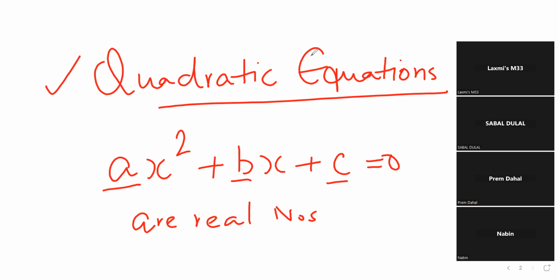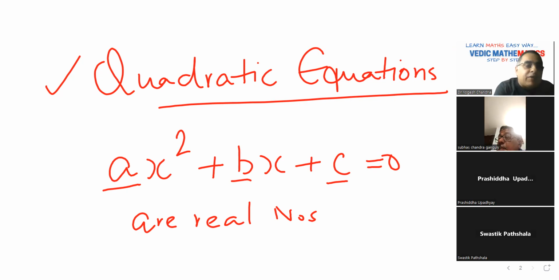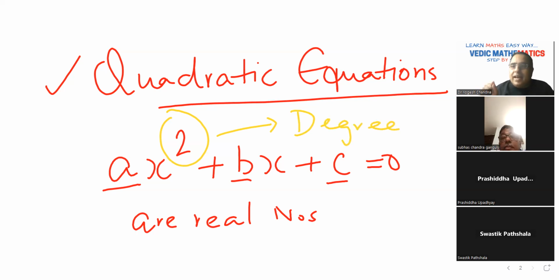Correct. The degree of the equation is 2, as we see from here. This is called the degree. And as the degree is 2, we have 2 answers. You always have 2 answers for this equation.